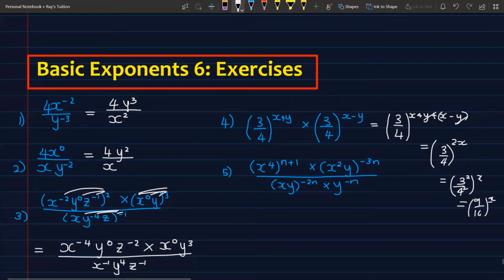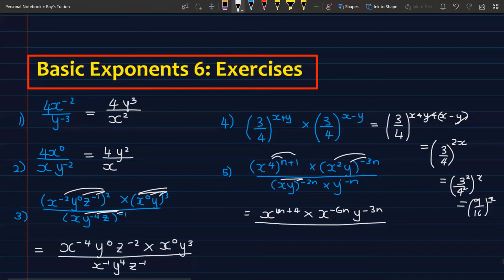Okay, so this one here, again, we're going to distribute the powers with what's in the bracket, and then we're going to simplify. So remember, lots of people make this mistake, is that they only distribute to the n and not to the 1. So this becomes x to the 4n plus 4 times x to the minus 6n y to the minus 3n. So we're just multiplying the exponents there since we are raising to the power.